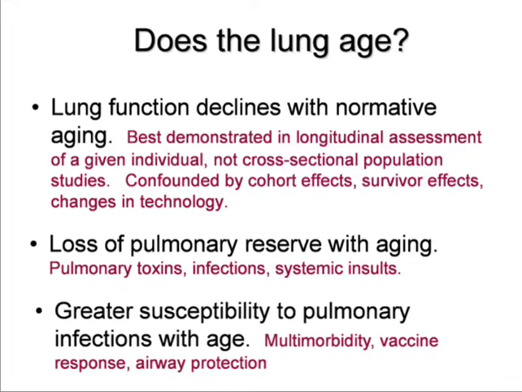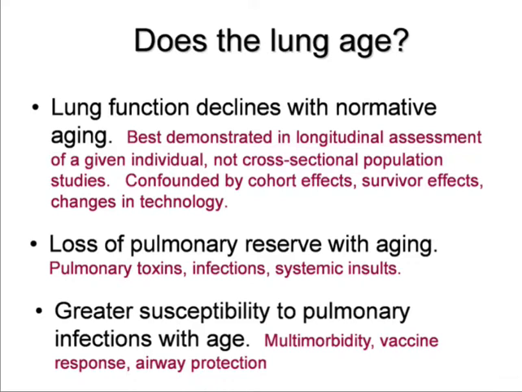Second, there is a loss of pulmonary reserve with aging. What this means is that direct or indirect pulmonary insults, be they infectious, toxic, or inflammatory, result in a greater deterioration in lung function and health status in older persons than that experienced by a younger person.